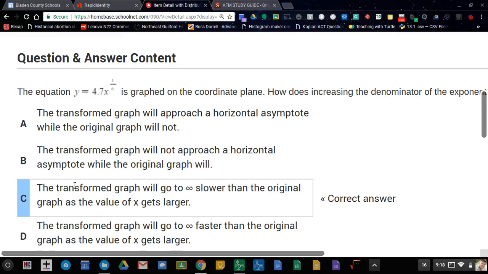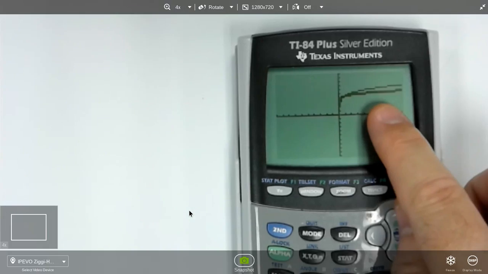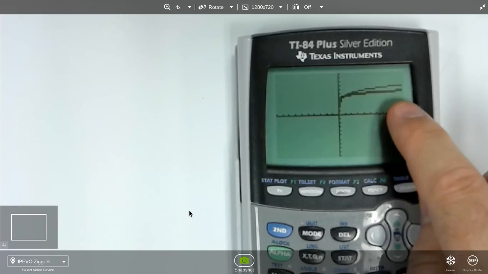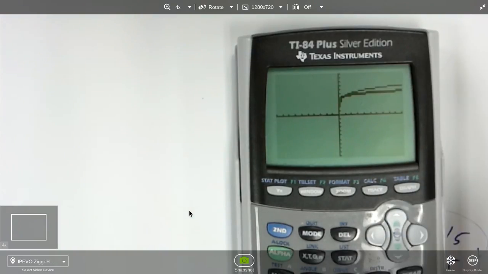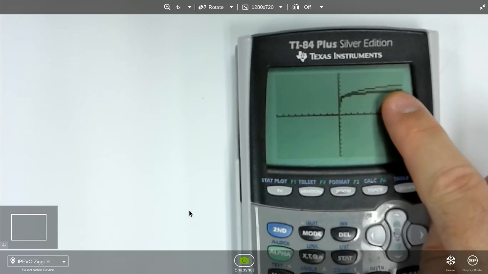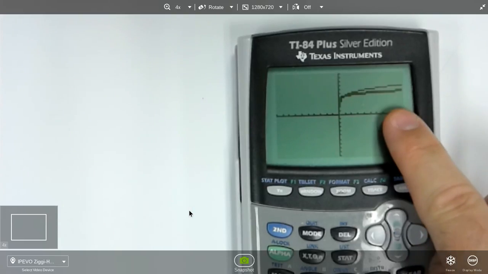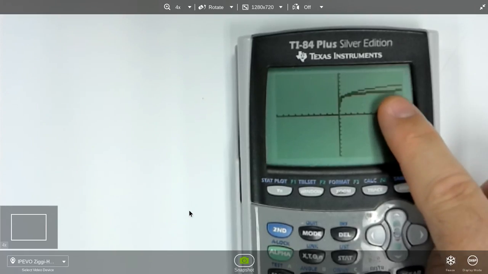No. The transformed graph, that's when we increase the denominator, will go to infinity slower than the original graph as the value of x gets larger. Is that what you found? Yeah, do you see that bold line is below the other one? They're both going to go to infinity as far as the y value is concerned, but the original graph gets there quicker than the smaller one, the lower one, which is what they're calling the transformed graph.